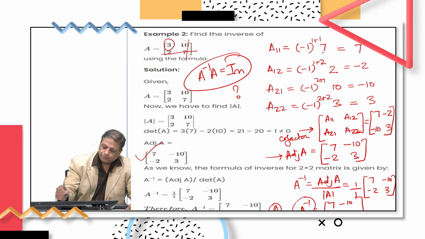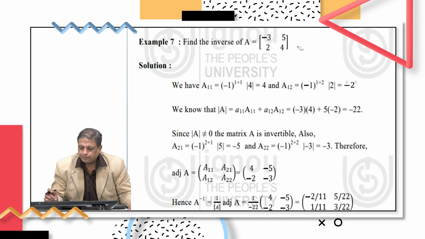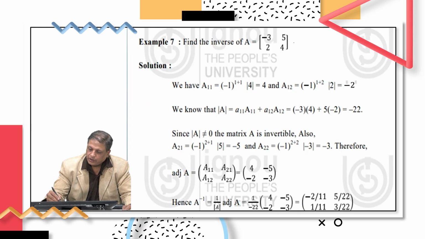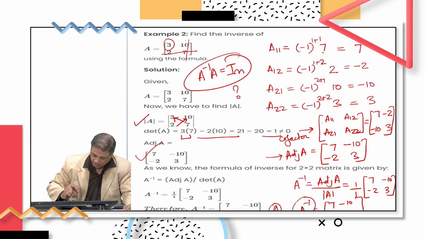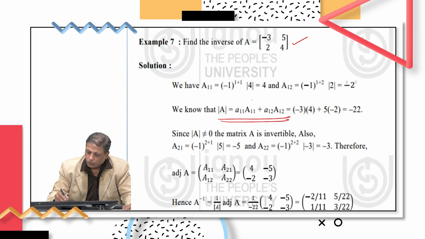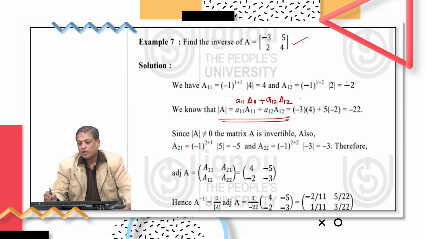Okay. So now let's solve one more example wherein we are supposed to find the inverse of another matrix, again on the same line of action. Let's recall that formula. Earlier we calculated the determinant of A by multiplying 3 into 7, this into this minus this into this. Now we are using A11 into cofactor A11 plus A12 into cofactor A12.